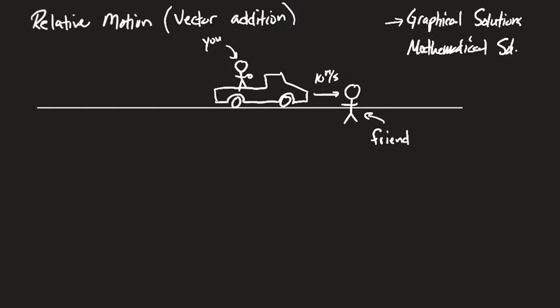Velocity is changing position. So in this instance, the ball's relative velocity is zero because it's traveling in the truck. The truck is what's known as a reference frame. Since you are part of the truck, you are part of the truck's reference frame. So from your frame of reference, the ball has zero velocity.